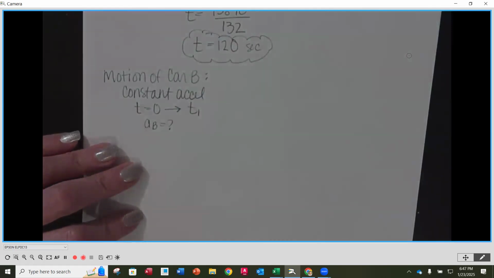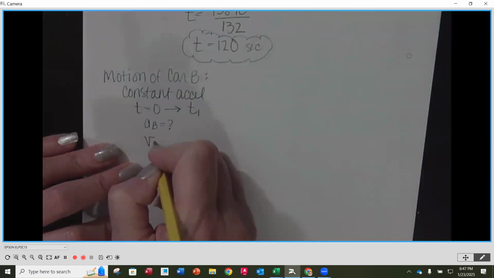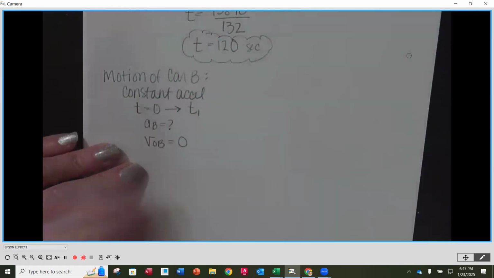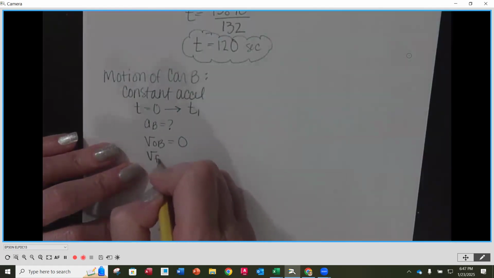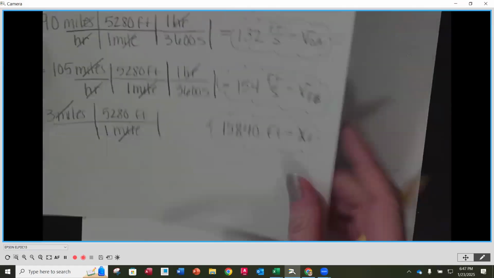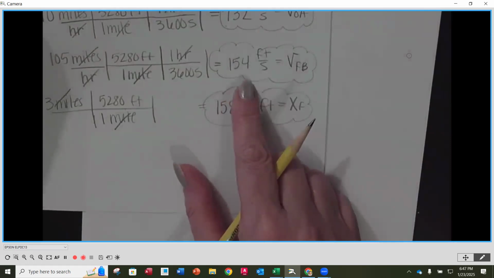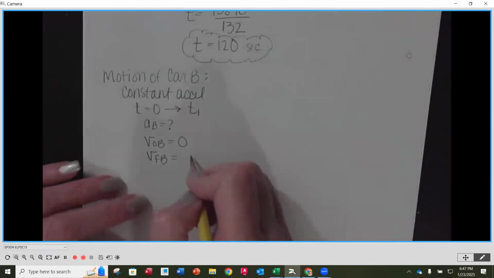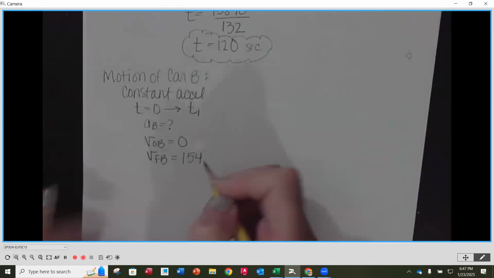Okay, so that's going to be an unknown. We also know that its original velocity from the start is 0, but its final velocity is going to be what it speeds up to. Now, it was 105 miles per hour, but we want to use the 154, okay? And we're going to leave the units off here, 154.